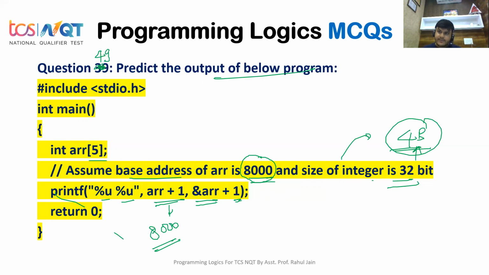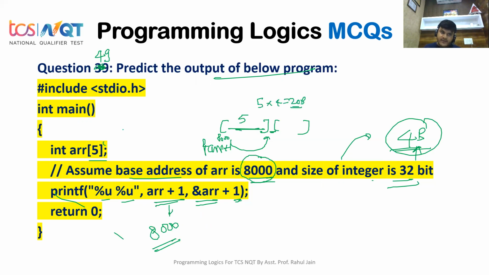Now &array + 1, what does it mean? You can simply say that suppose it is an array. So &array will hold the base address, that is 8000. And if we are post-incrementing it, it will go to the next part of the array, meaning it will consist all the values, that is 5 spaces here. So 4 bytes, 5 spaces means 5 into 4, that is 20 bytes it would increment by.